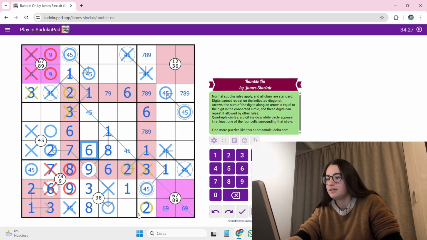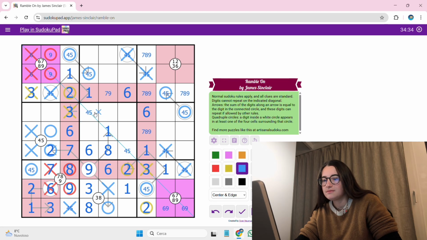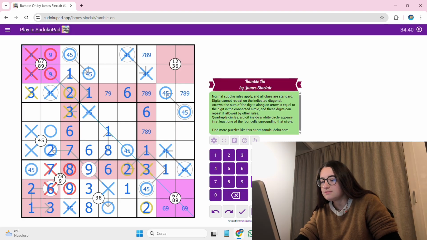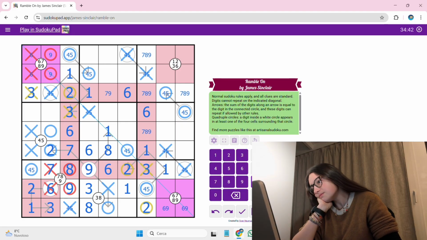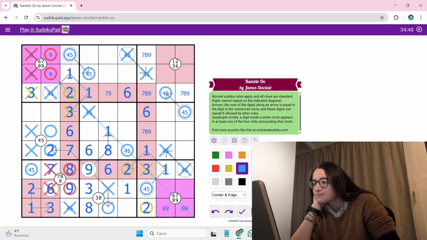So 6 here. This is going to be a cross, this is going to be a circle. What am I missing here then?